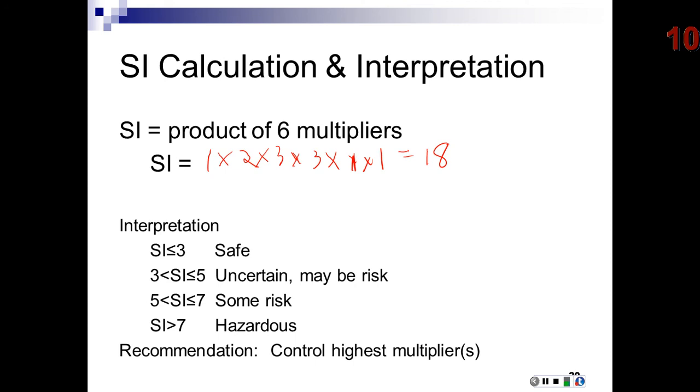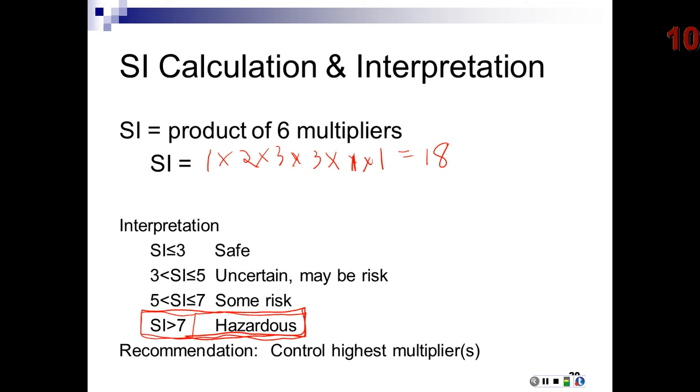Interpreting that, high is bad, low is good. An SI of 18 is greater than 7, so we are at a hazardous risk level. We expect that the employee on the task is at significant risk for developing an MSD.